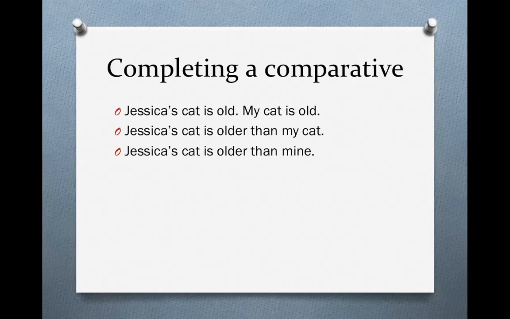Do you remember your possessive pronouns? Mine, his, hers, theirs, ours, yours. Don't forget those words. We use them a lot of times in comparisons. So instead of saying my cat, we can just say mine.